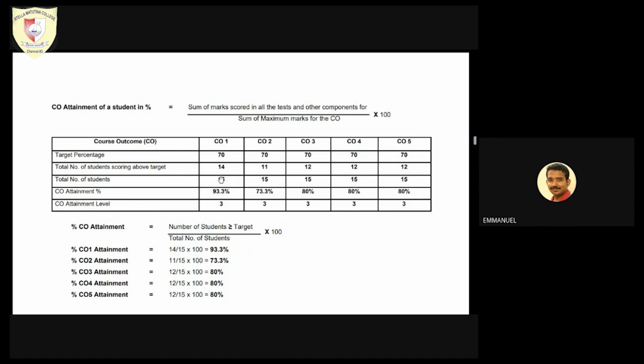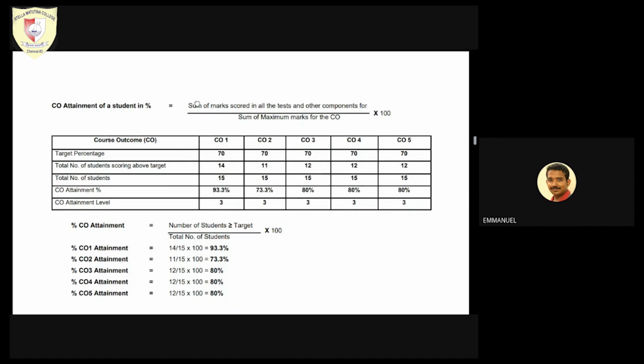He had calculated that also by using this formula, and he had given 70 as the target percentage. That cutoff percentage he had renamed as target percentage. The attainment percentage, 70, he had marked, but several students had got above 70. He had counted the number of students, total number of students 15. 14 students have crossed the cutoff percentage with this much CO attainment.